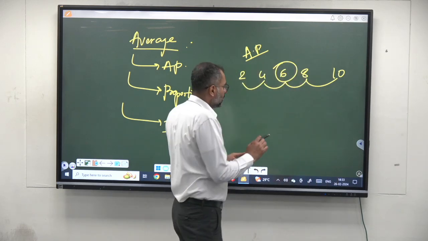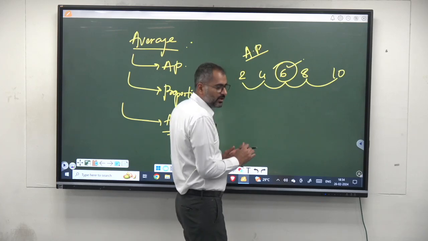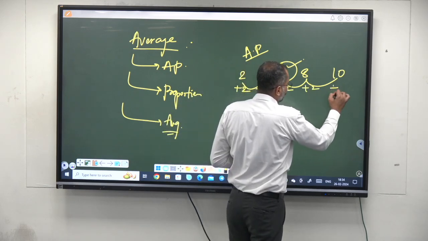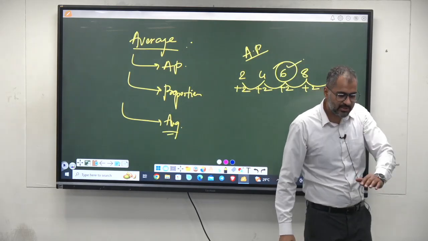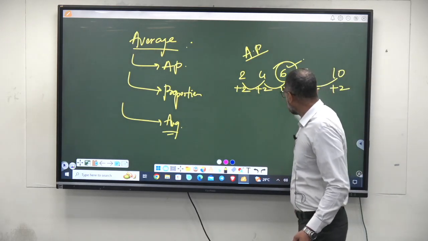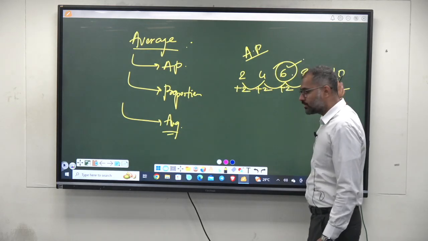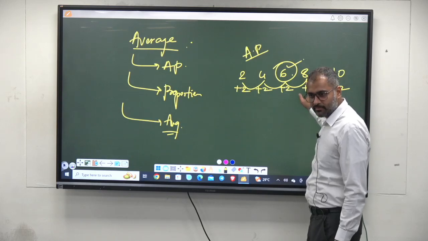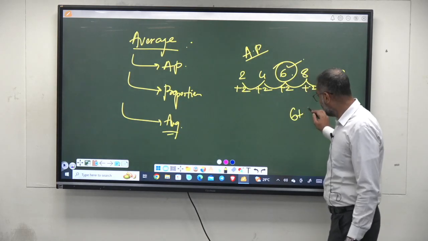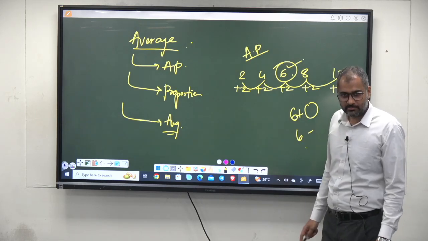Now, 6 is the average of this series of numbers. If I add 2 to each of these numbers, what happens to the average? Will it remain the same, increase, decrease, or can't be determined? I am adding 2 to each of the numbers, so whatever the average was earlier, 6, will it get added, subtracted, remain the same?